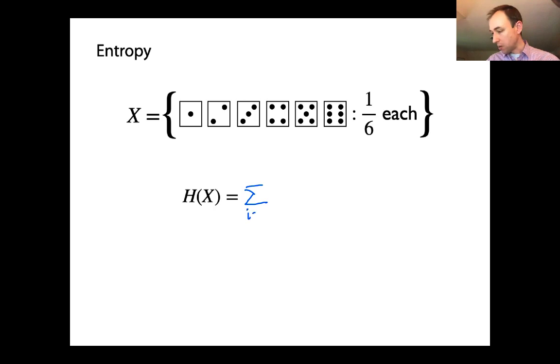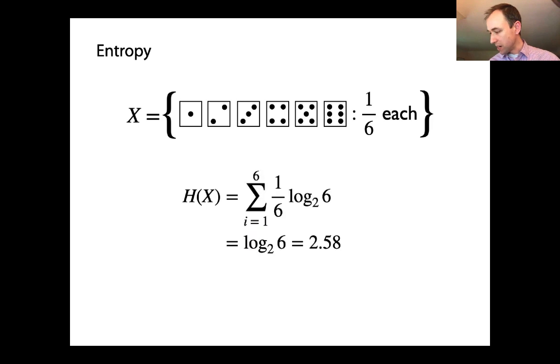Sum from i equals 1 to 6 of 1/6, the probability of that roll, times log base 2 of 1 over 1/6, which is 6. What does this end up being? Well, I'm just adding up 1/6 log base 2 of 6, 6 times. So those add up to log base 2 of 6. And that's around 2.58. Okay, so that's the Shannon entropy for the die roll.